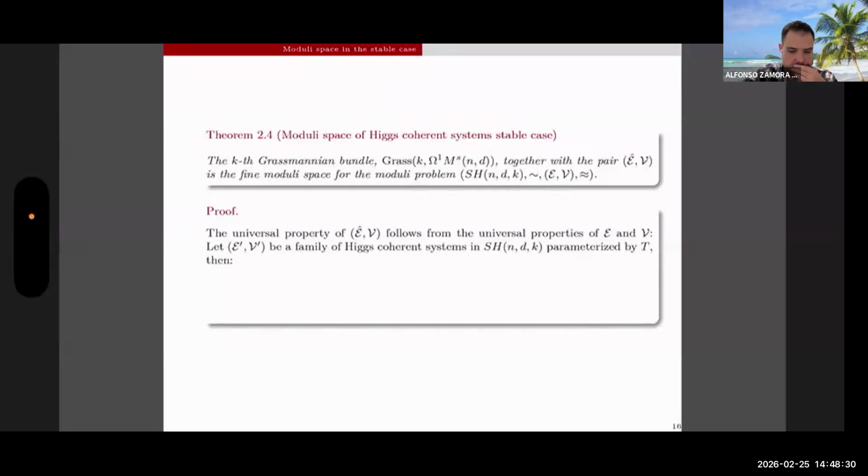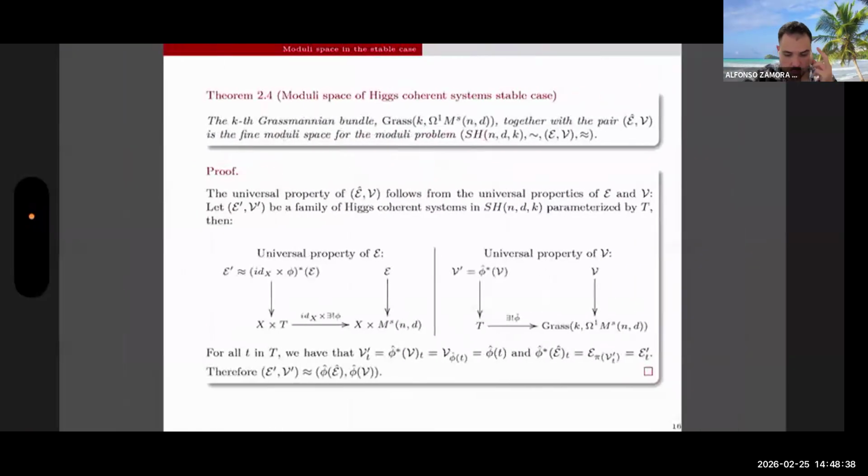So if we take another family, E prime, B prime, by the universal properties of the bundle E and the tautological subbundle, we can prove that the Higgs coherent systems at each point are isomorphic. Then this Grassmannian, together with this universal family, gives a presentation in the category of smooth irreducible projective schemes for the moduli problem of Higgs coherent systems in the stable case.